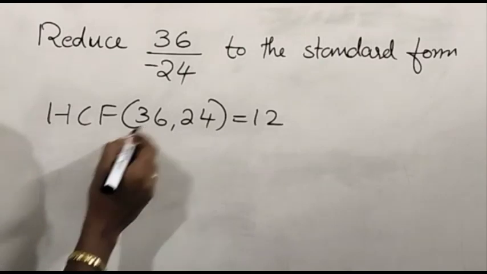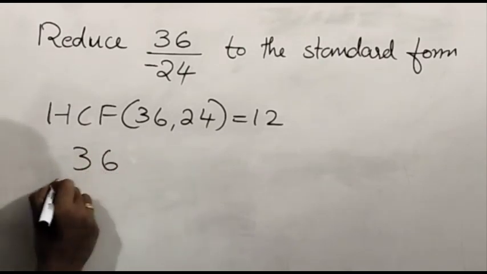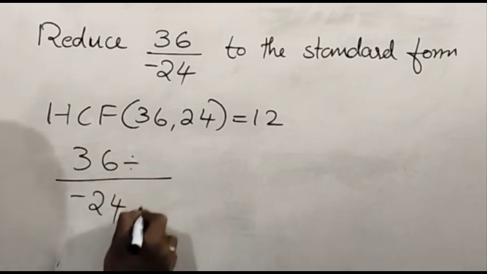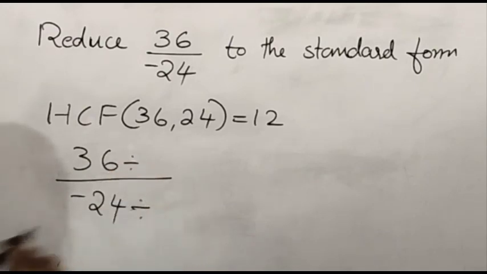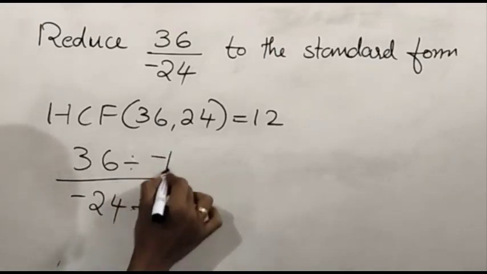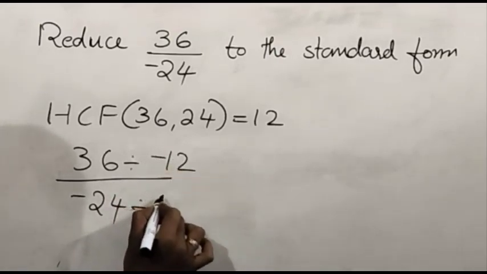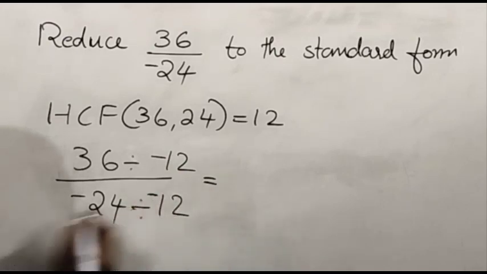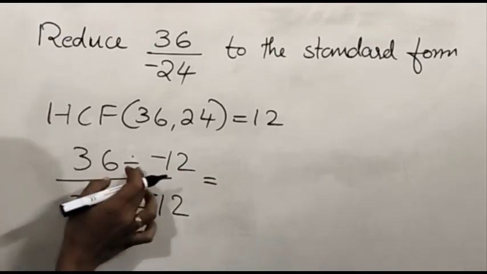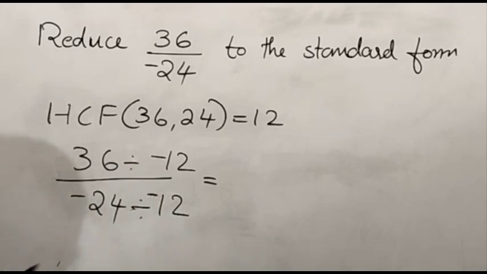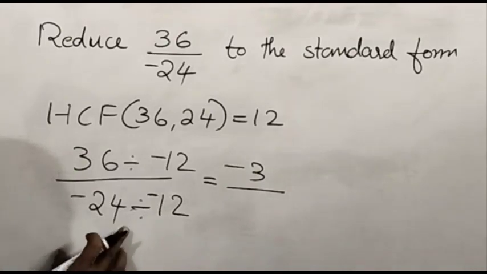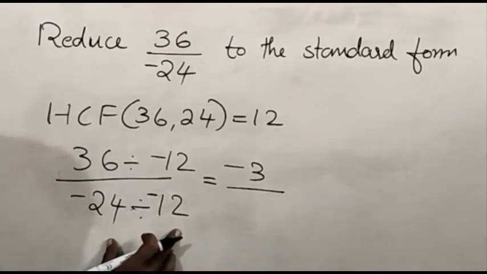So here the denominator is a negative number, minus 24. So divide both numerator and denominator by minus 12. 36 divided by minus 12 is equal to minus 3, and minus 24 divided by minus 12 is equal to 2.